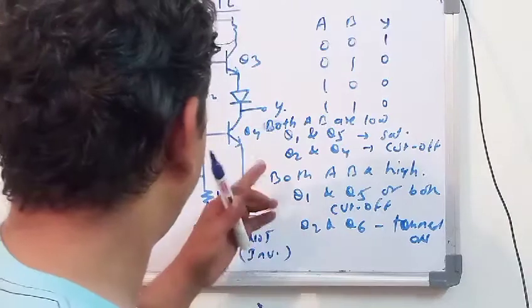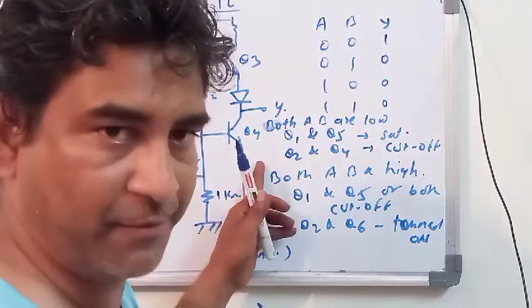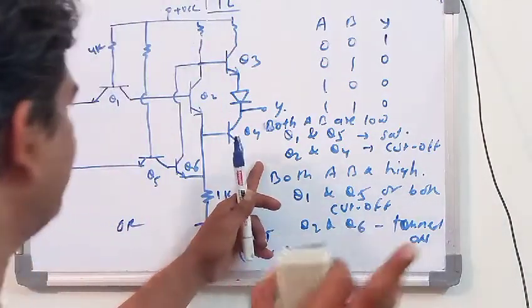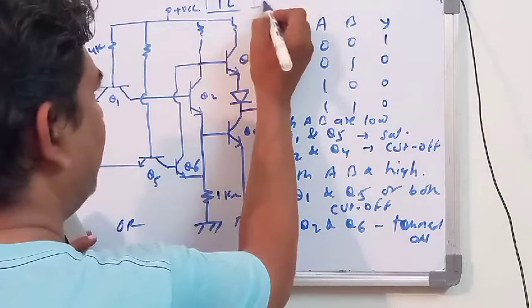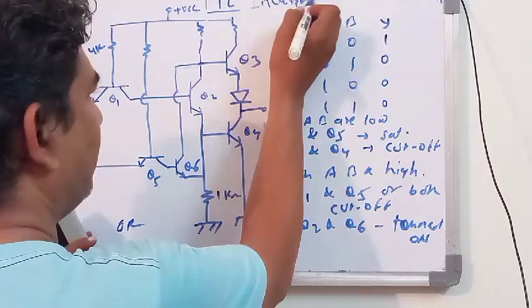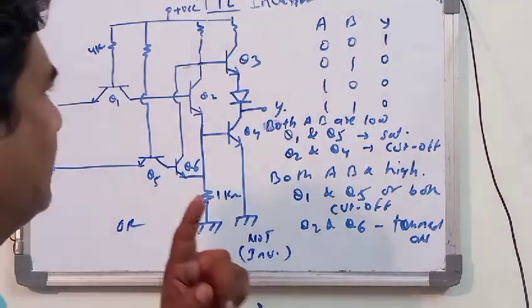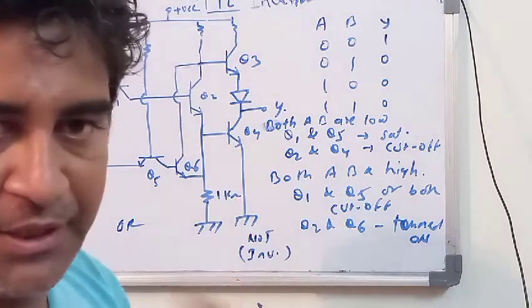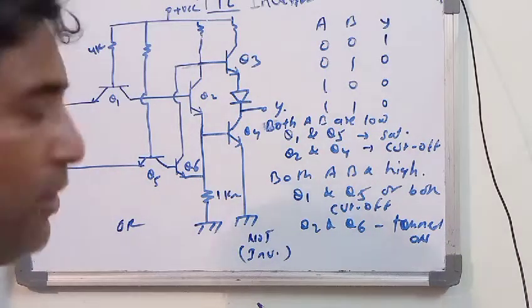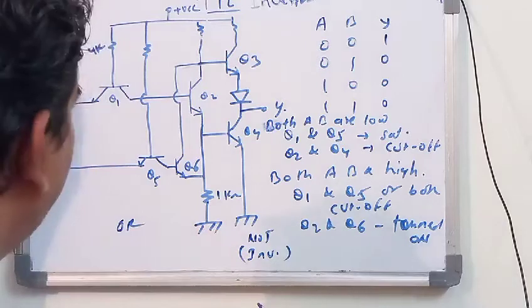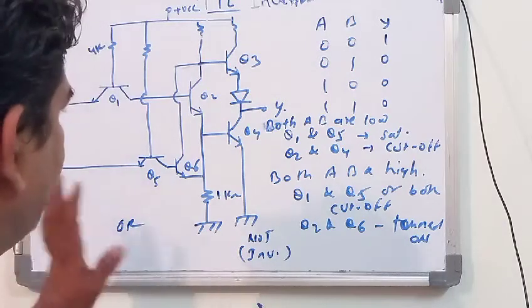Previously we have studied this circuit. What changes do we have to make in this circuit? Here I will write down TTL inverter. As for the inverter, only a single input you have to give. We will see what changes occur in the circuit.